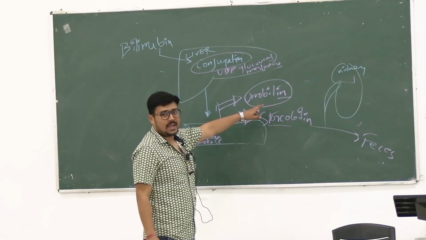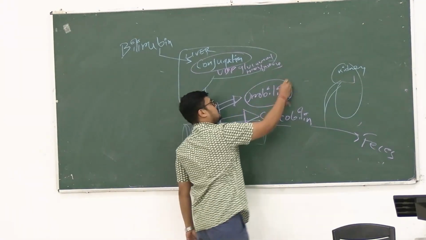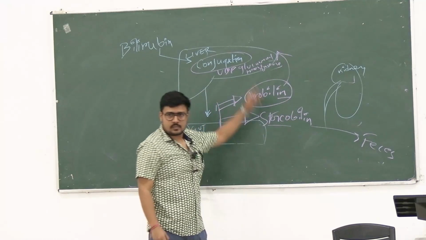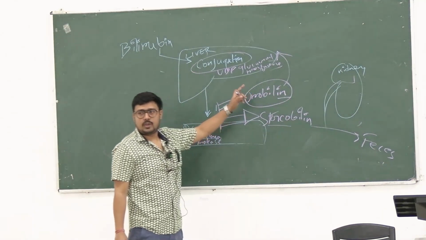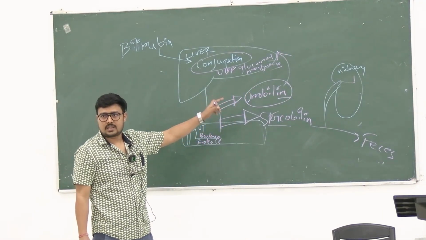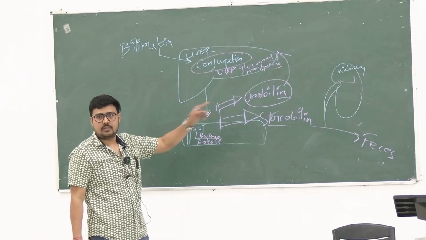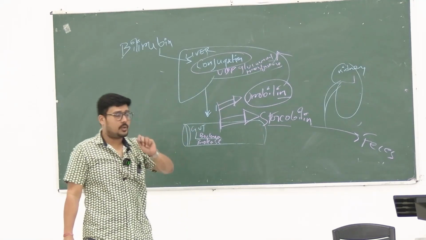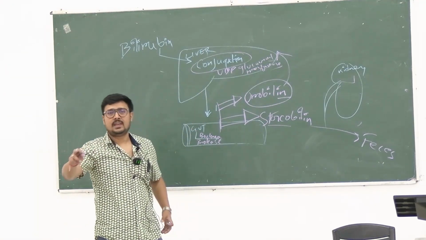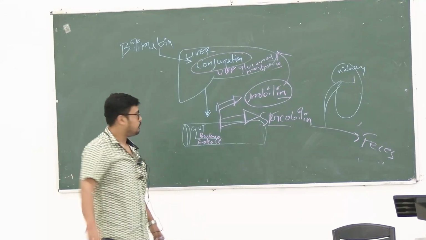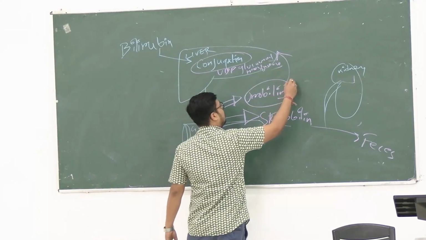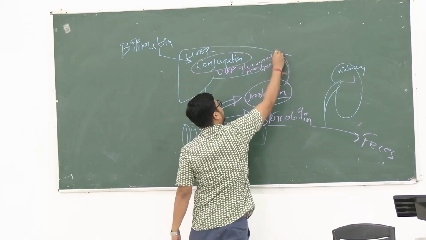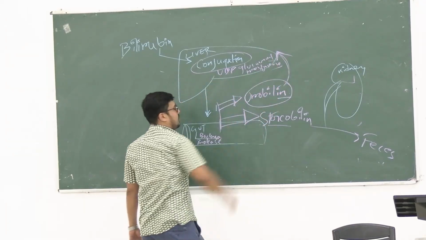So this urobilin is mostly taken up by the liver with help of portal circulation, enterohepatic circulation. Liver has dual blood supply from the knowledge of anatomy. One is systemic supply, another is portal supply. Right? So this urobilin is mostly taken up by liver.